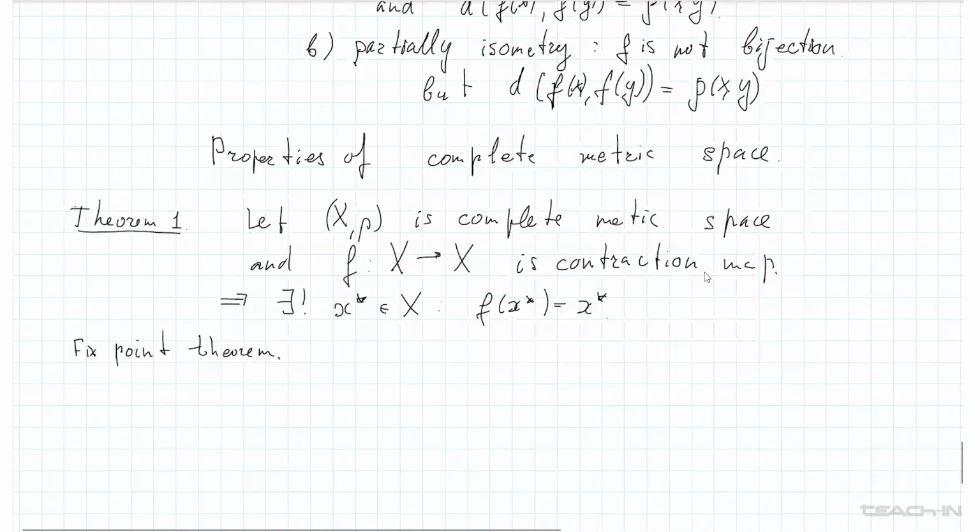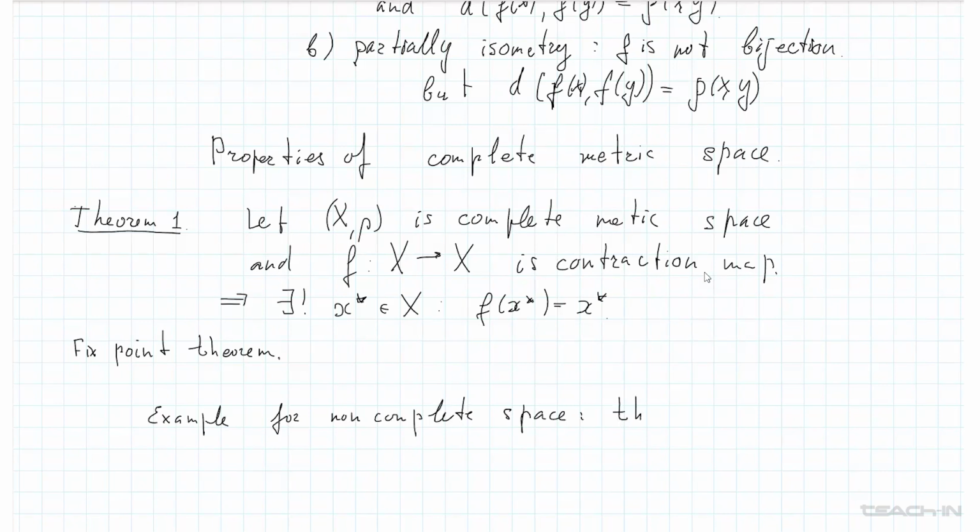So give me an example of a non-complete space for which it is not valid. Who can?